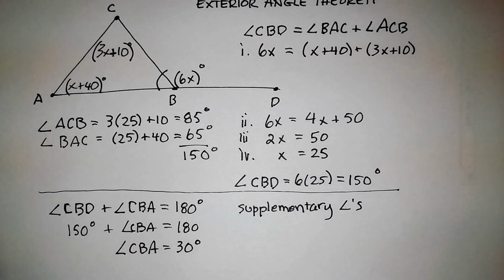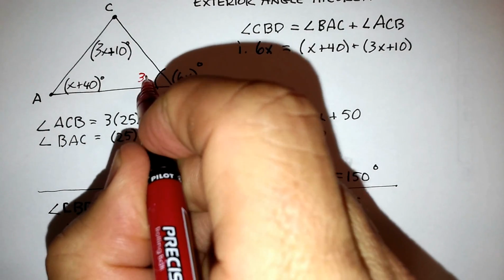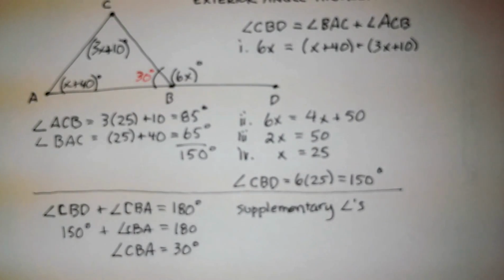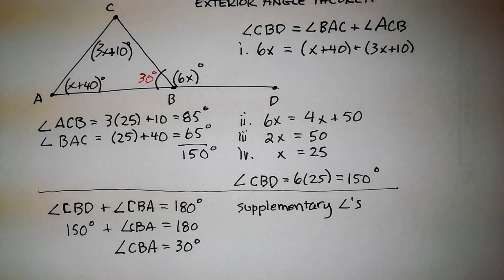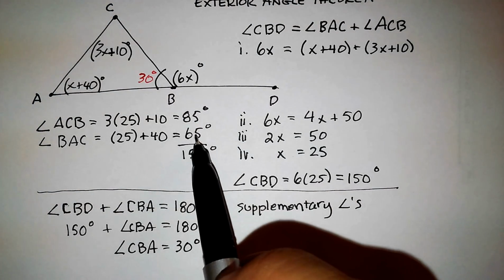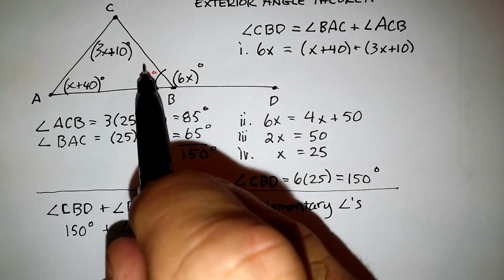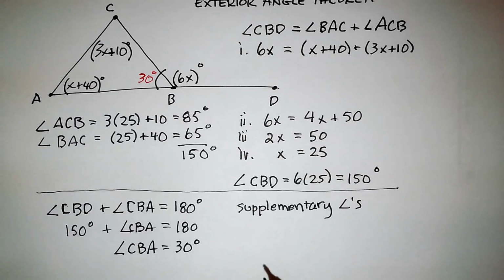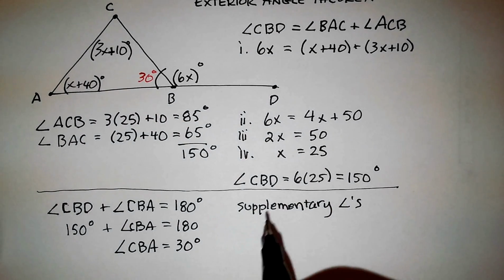Now, why would that be important? Why would we be able to figure, why would that be important information? Well, it would be important because we could confirm that the two angles we got here plus this angle would equal 180. Now let's see if that's true.